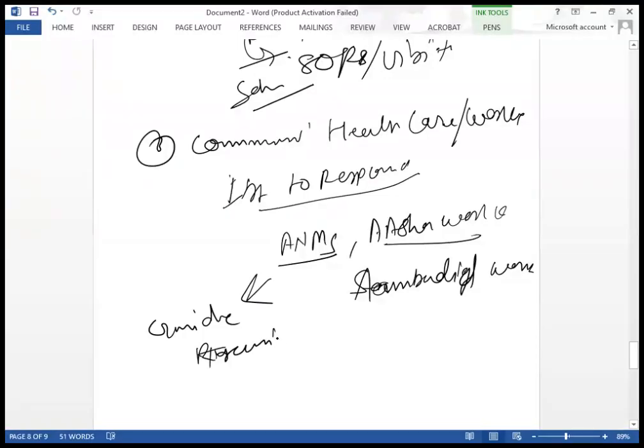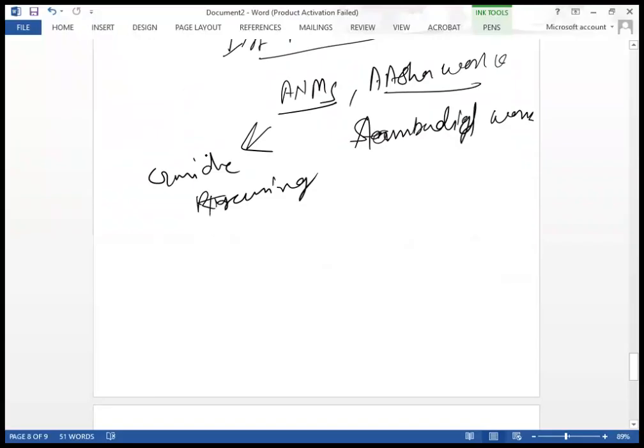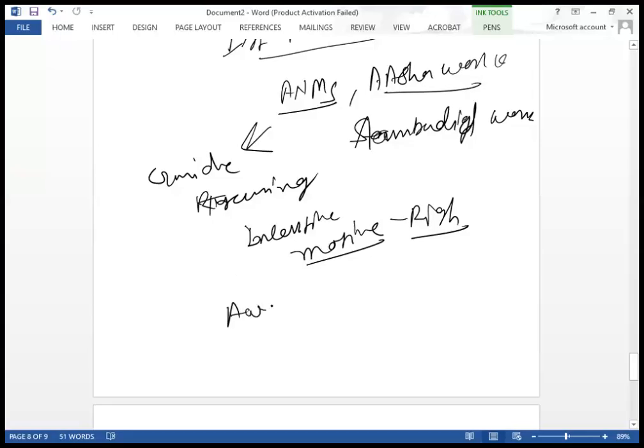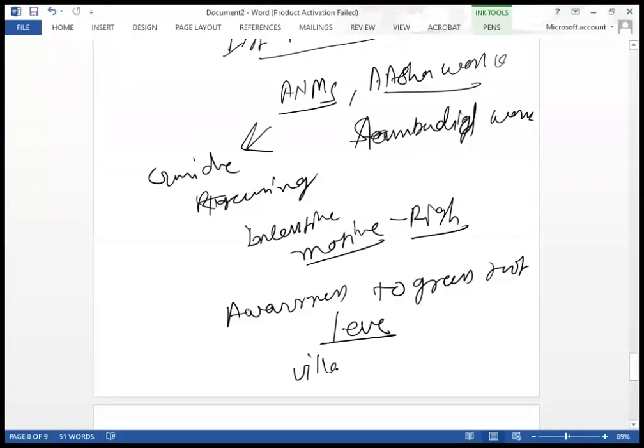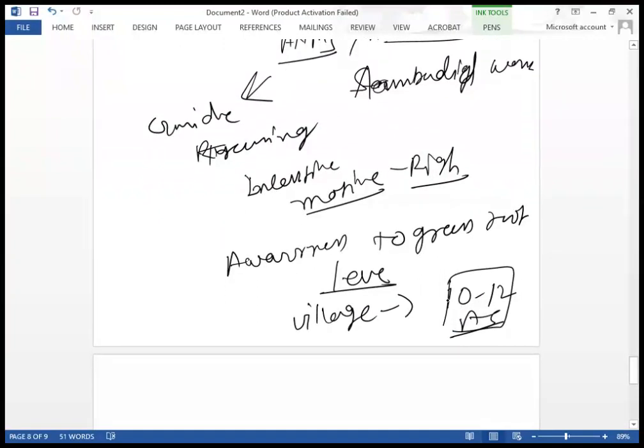Guidance, training, and provide some incentives, motivation to work more or in the right way. And they can be used for awareness at the grassroots level. I think in a village there could be 10 to 12 ASHA workers. So you can imagine that if they are regulated and work in a proper manner, our healthcare system will improve the most.